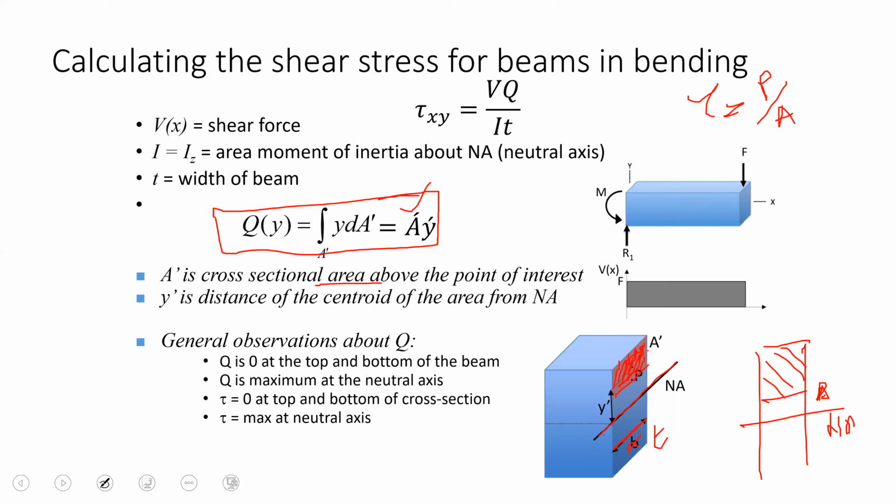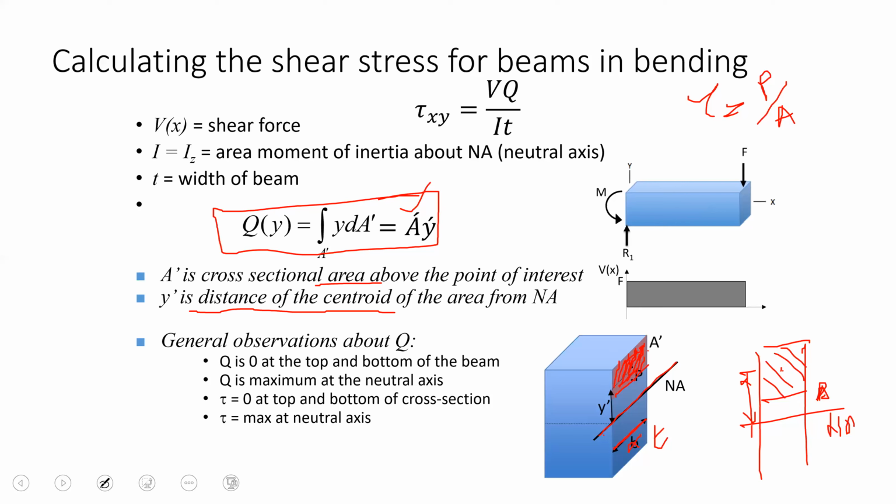And what will Y dash be? Y dash is the distance of the centroid of that area. It may be a rectangle or a square, and the centroid will be exactly in the center. So it is the distance from the neutral axis to the centroid of that area A dash.